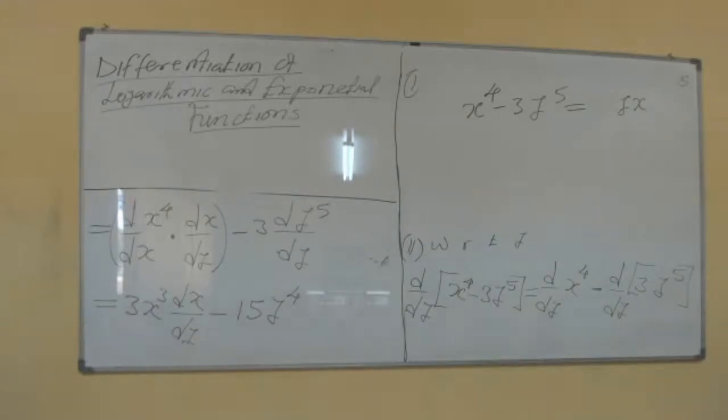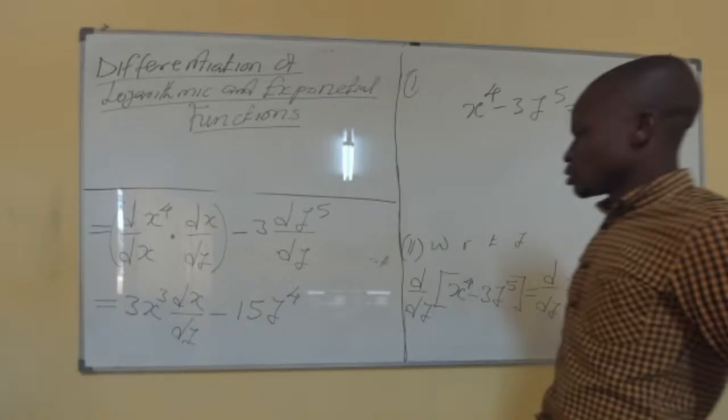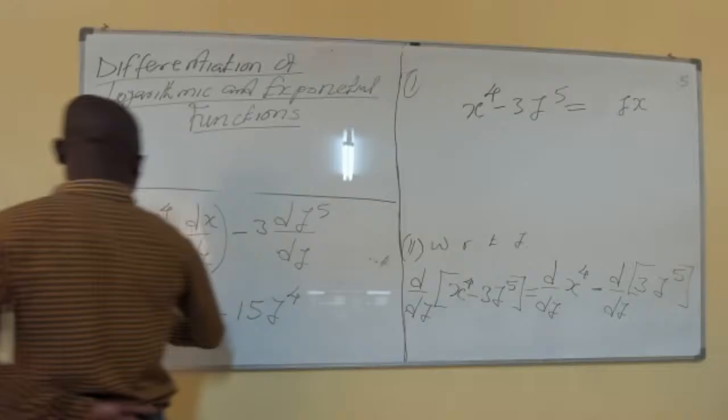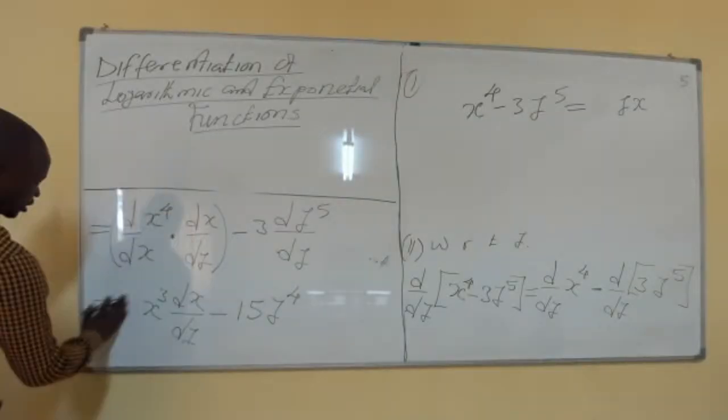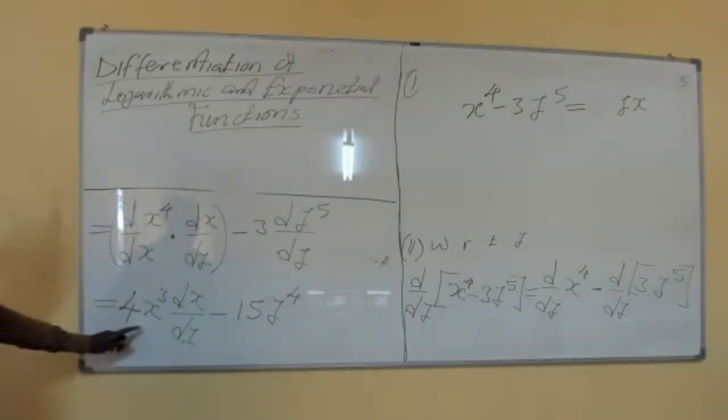Someone is asking me to say 4x power 3. Which part is that one now? Oh, yeah. Thank you for that. Yes, it was supposed to be 4. Please take note of this.